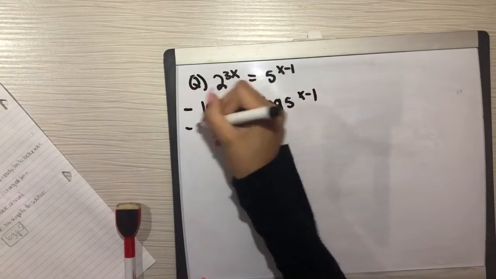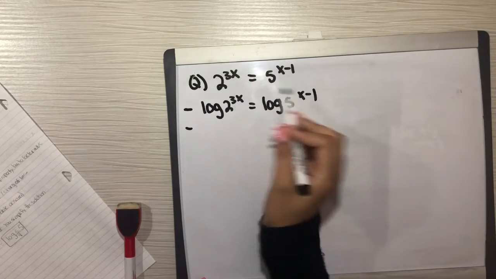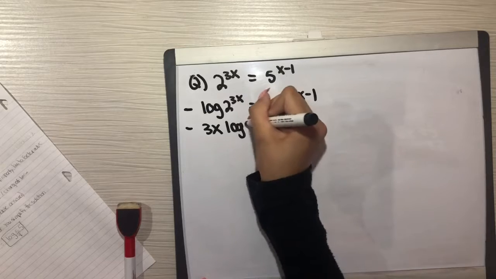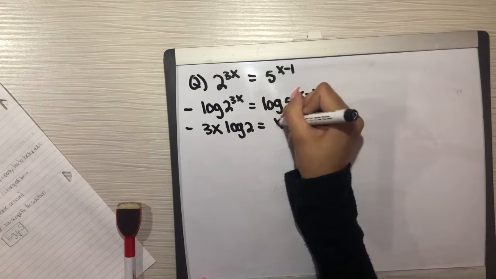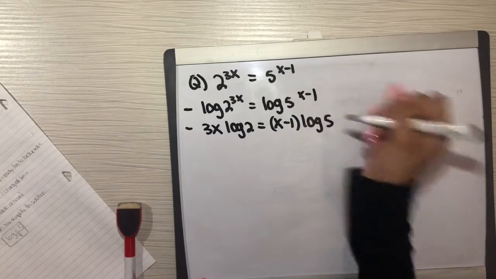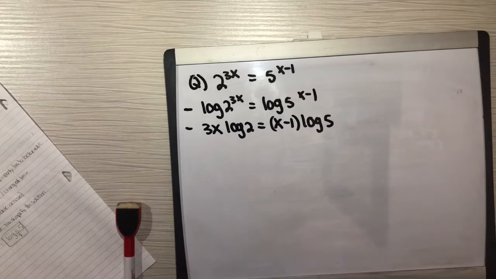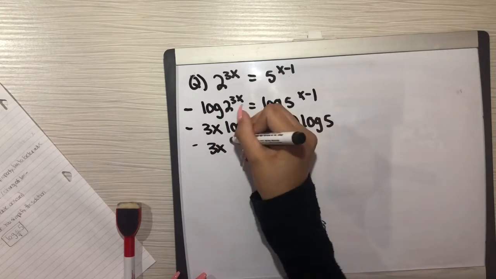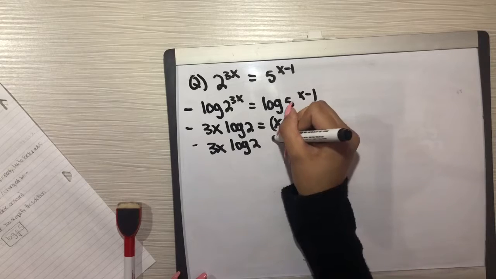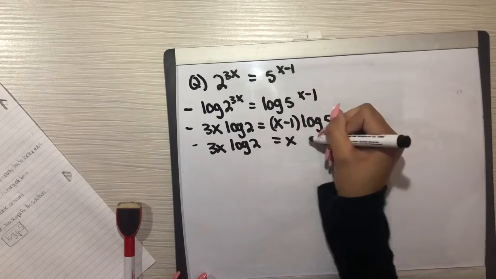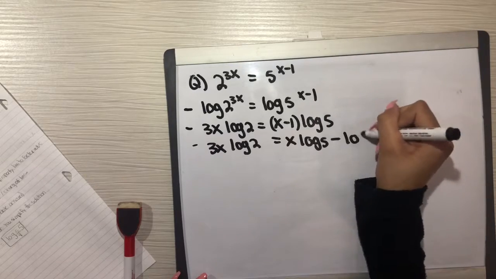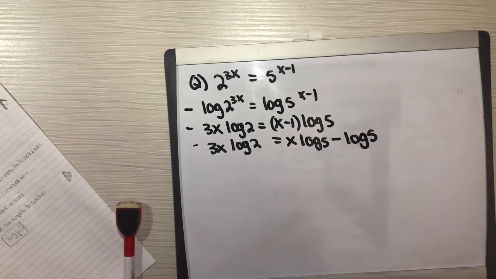And then for our second step, you bring the exponent over. You get 3x log 2 equals (x minus 1) log 5, where then you distribute and you get 3x log 2 equals x log 5 minus log 5.